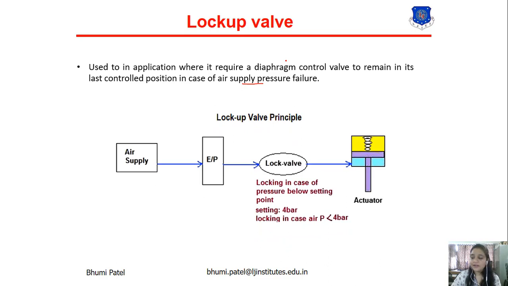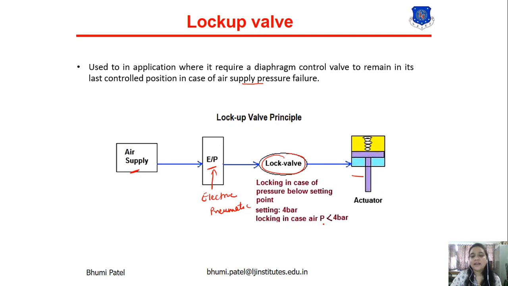So here you can see generally this is the input, this is the converter, we can connect the converter like pneumatic to electric, electric to pneumatic. Here E to P indicates the electric signal to pneumatic signal converter, and this is the actuator. Now between the converter and actuator we can connect the lockup valve. Here, locking in case of pressure below the setting point, the setting is 4 bar.